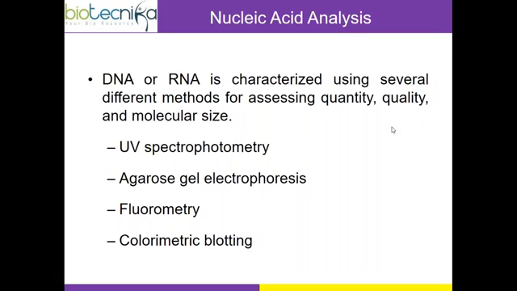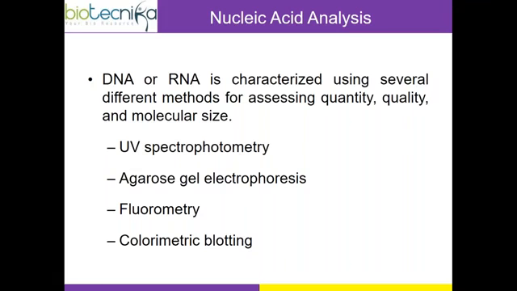So now we have a DNA and then RNA. If I want to do any experiment, it can be PCR or it can be southern blotting or it can be cloning. I want to find out how much I have, how much quality. So now I am going to tell you how I am going to analyze the isolated DNA and RNA quantitatively and then qualitatively.